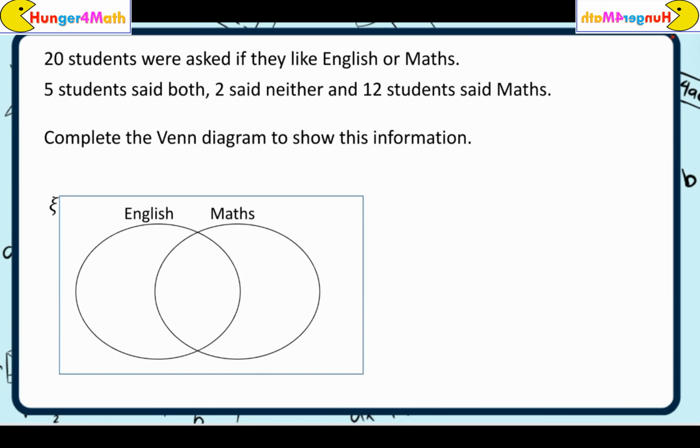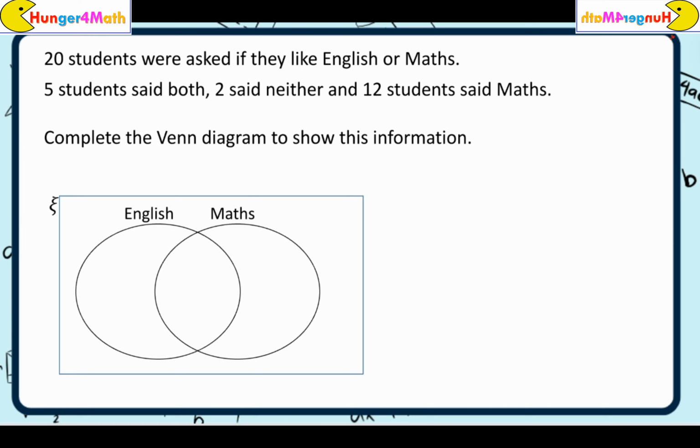Next example is a Venn diagram. Here we have 20 students who were asked if they like English or maths. 5 students said both, 2 said neither, and 12 students said maths. Complete the Venn diagram to show this information.